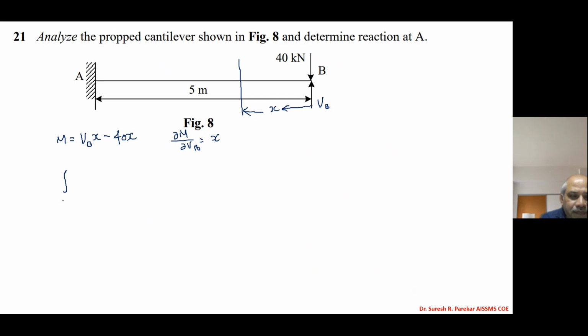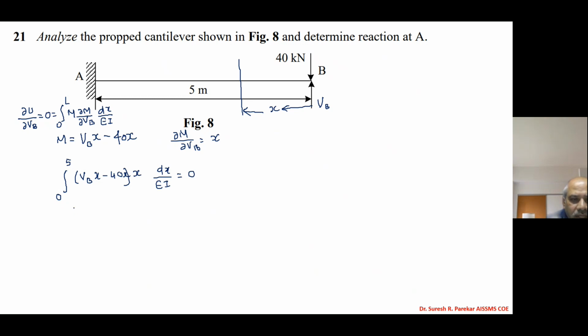Now we will put it. In the examination, you have to write dabba U, because we have continued with this; I have not written it over here. So dabba U by dabba VB is equal to 0, which is the integration from 0 to L of M into dabba M by dabba VB dx upon EI. Now we put in these values: 0 to 5, VB into X minus 40 X into X dx upon EI, equal to 0.